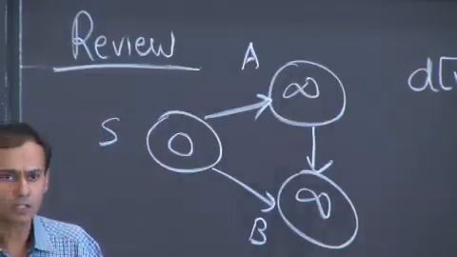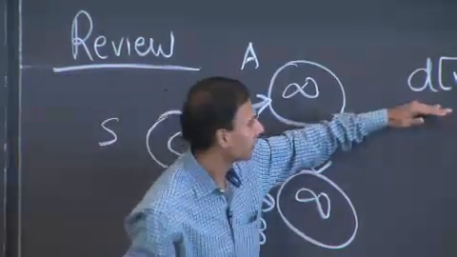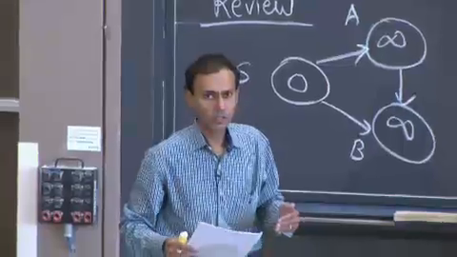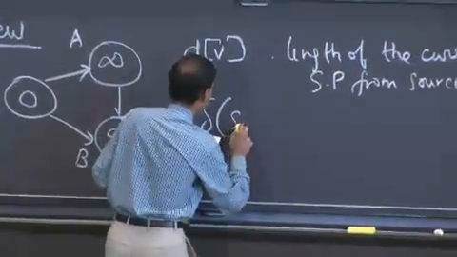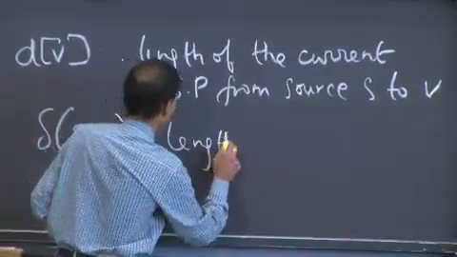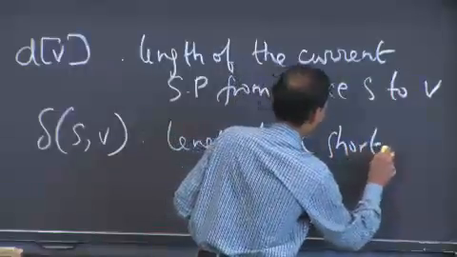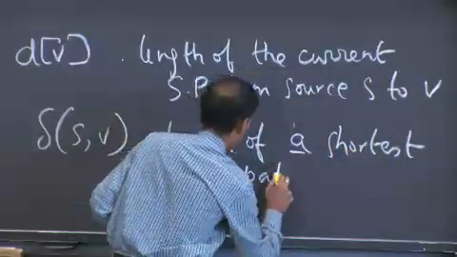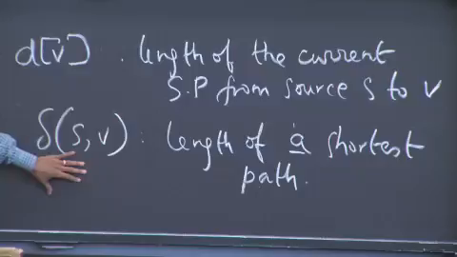Through this process that we call relaxation, we continually reduce these d values, which are the lengths of the current shortest paths, down to what we call the delta values, which is the length of a shortest path. It may be unique, may not be unique, but you have to get the minimum value. When all of the vertices have d values that converge to delta, your algorithm is done.